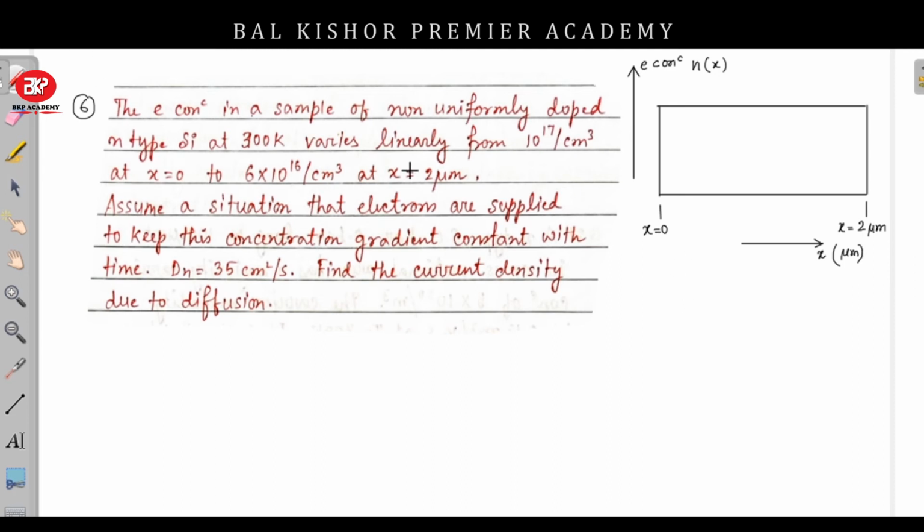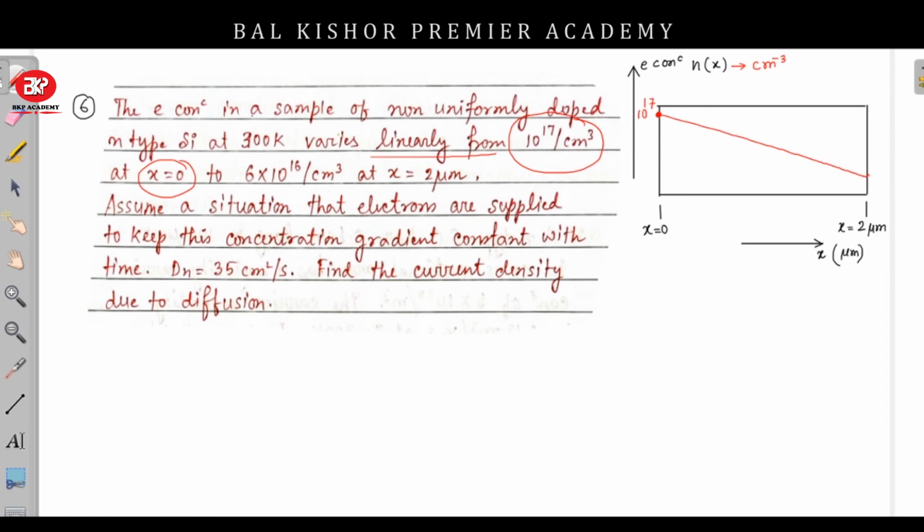Now what will be the variation? It is given that the variation is linear. At x equals to 0, the value of the concentration is 10 to the power 17, and the unit of this nx value is centimeter to the power -3.